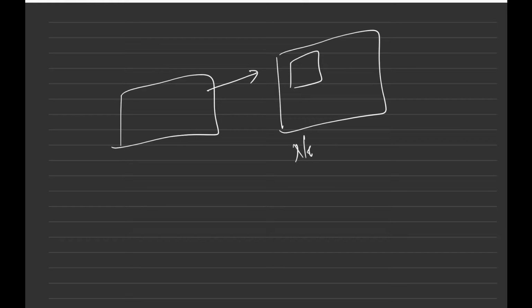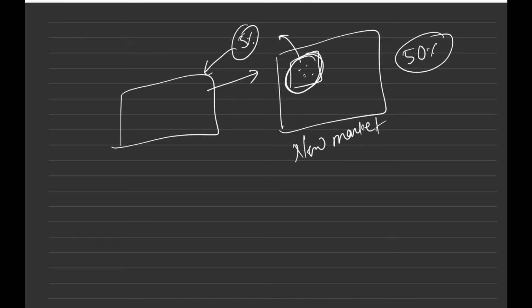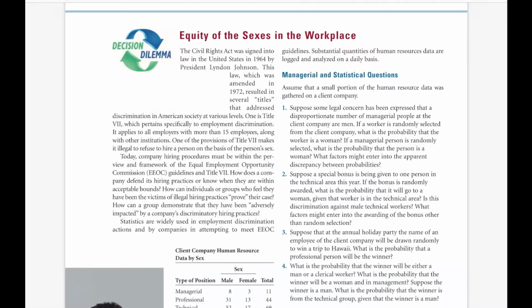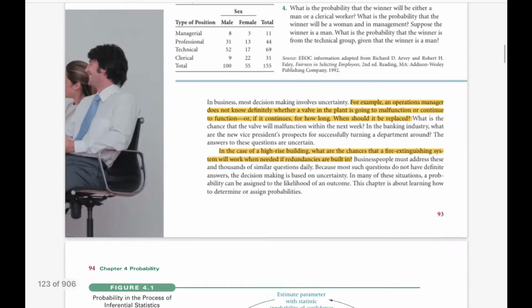You will collect a sample from the new market, do your research, and then derive an insight that, hey, based on this sample, I think there is a 50% chance that the product will be successful in this new market, right? So that's the objective of probability in statistics and the business world. We'll try to learn how to derive these probabilities using some of the concepts.